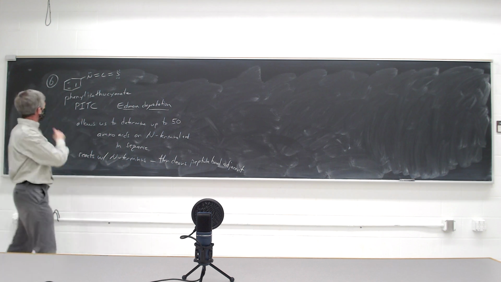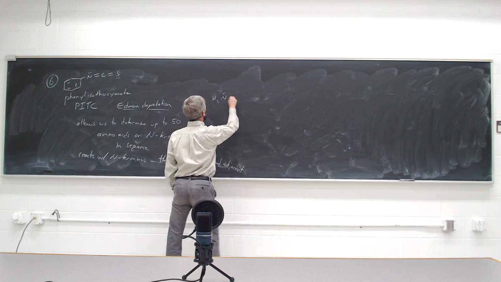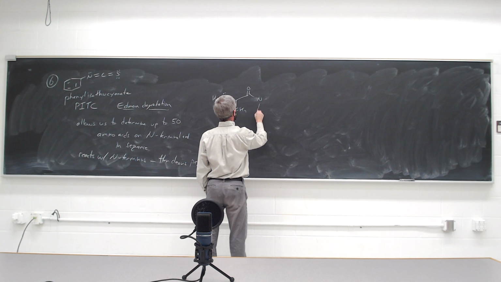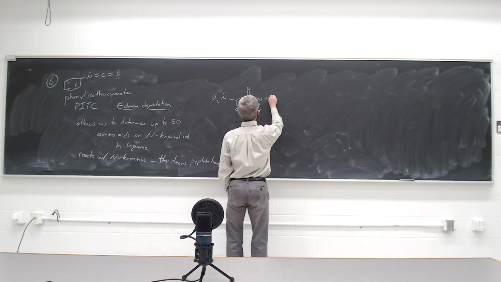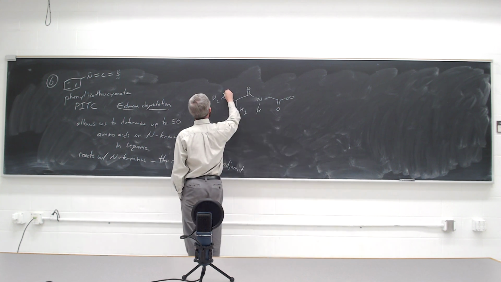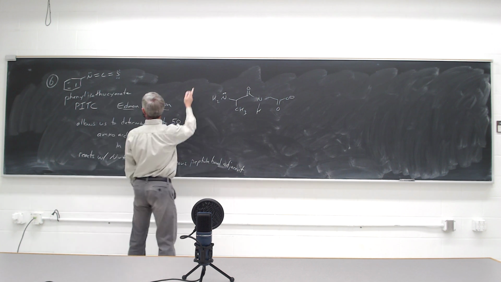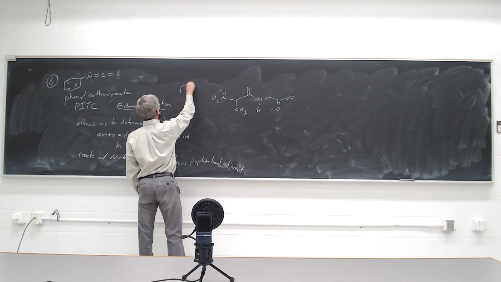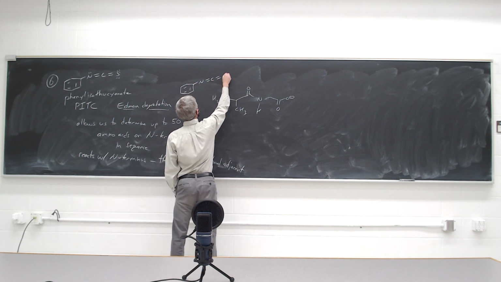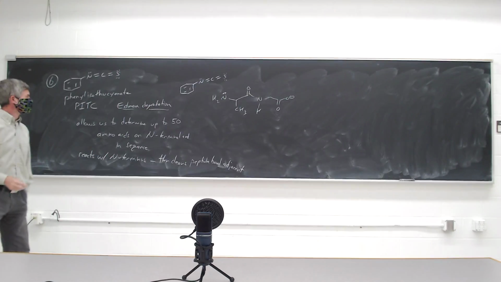So the question is, how does PITC react with the N-terminus of an amino acid, or a peptide rather? If you had this one, again, we need the free amines, and you had phenyl isothiocyanate, how would you think about getting it to react?